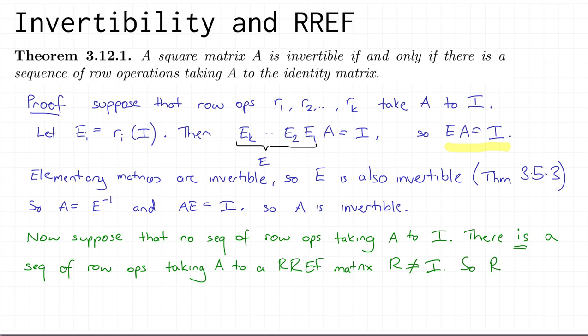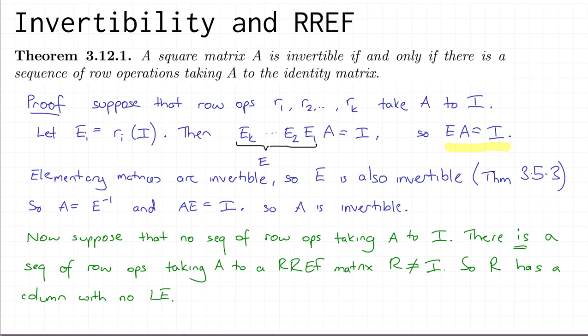So what we just showed on the last slide is that R has a column with no leading entry. Okay, if R has a column with no leading entry, well then there are less than n leading entries, where n is the size of the matrix A. A is n by n.